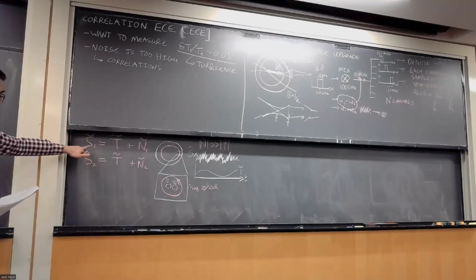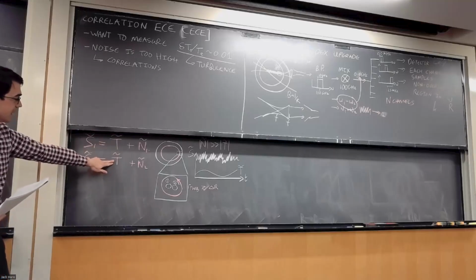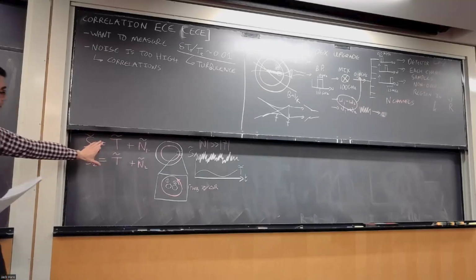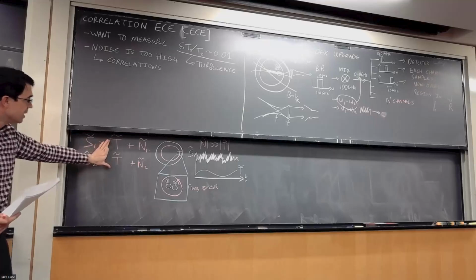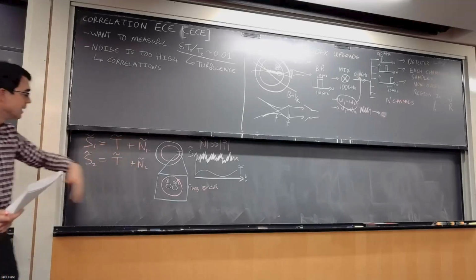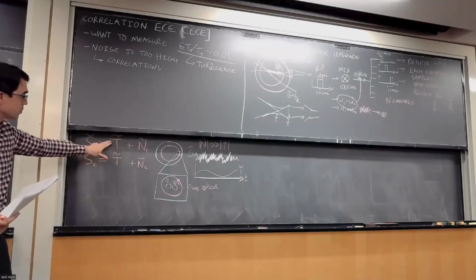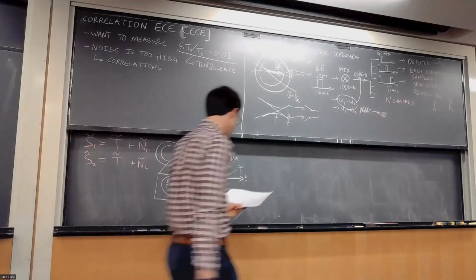But the nice thing is now that these two signals are carrying the same components that we're trying to measure. And this is where the correlation comes in. We are going to correlate these two signals, and we're going to find that the noise is uncorrelated, it's random, but these two signals will correlate together and we'll be able to measure it.